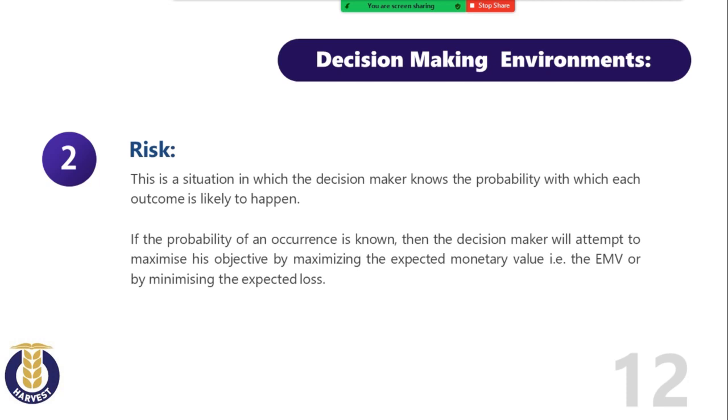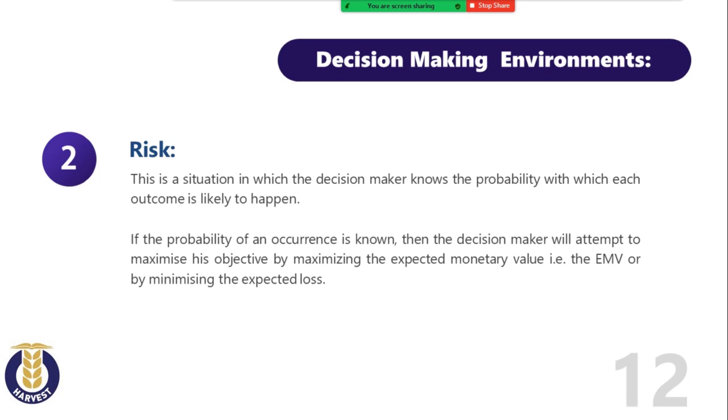So the environment of risk, we are saying on the slide that it is a situation in which the decision maker knows the probability with which each outcome is likely to happen. You know that there is a 60% chance of this coming out successfully. There is a 40% chance of this being successful. So that is the environment of risk.